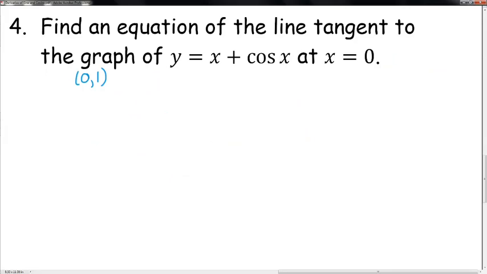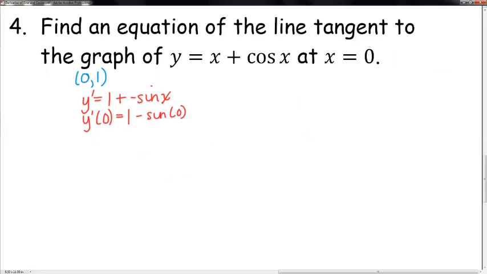Now let's go ahead and find our derivative. So y prime is equal to derivative of x is 1 plus derivative of cosine is negative sine x. And so now let's plug in. y prime of 0 is equal to 1 minus sine of 0.